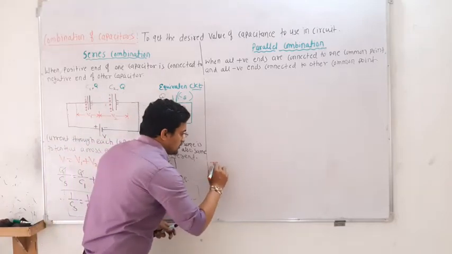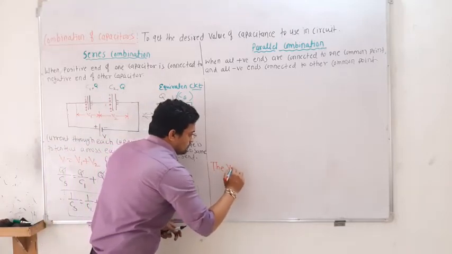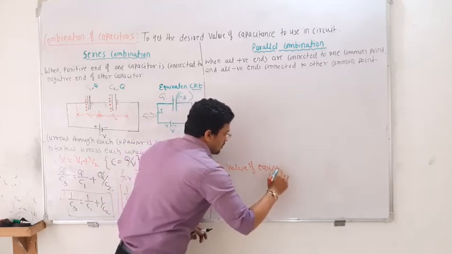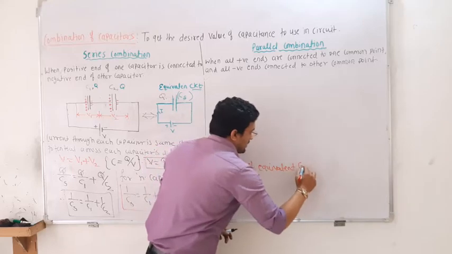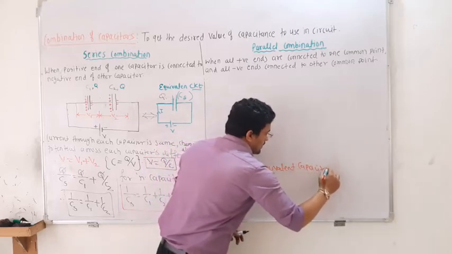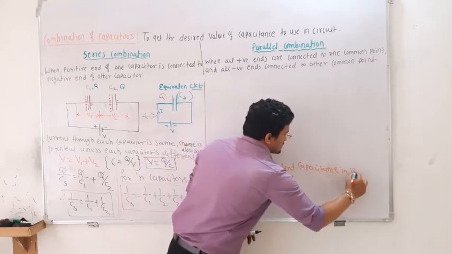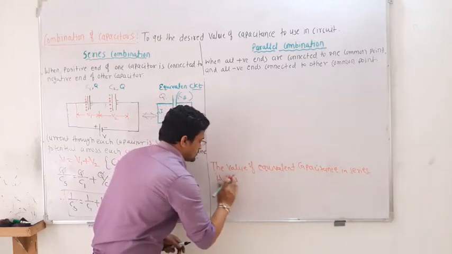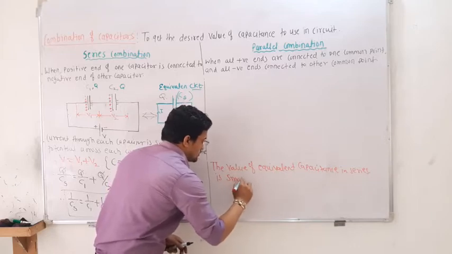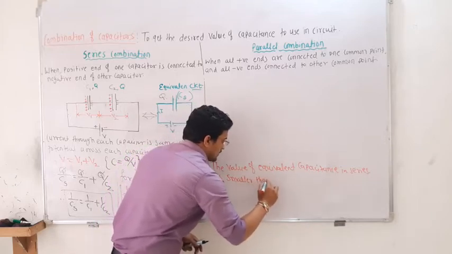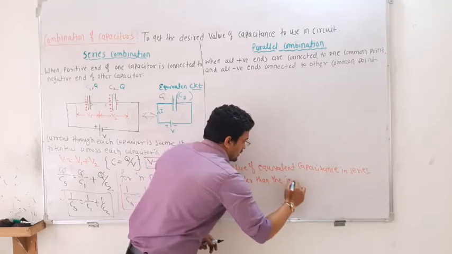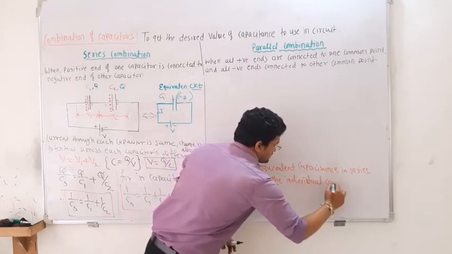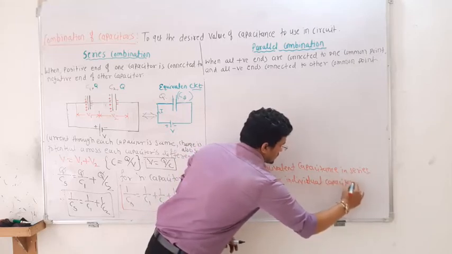So I will write it down here: the value of equivalent capacitance in series is smaller than the individual capacitors.